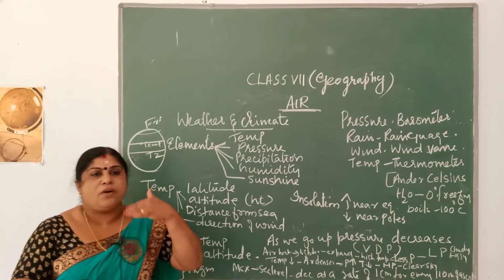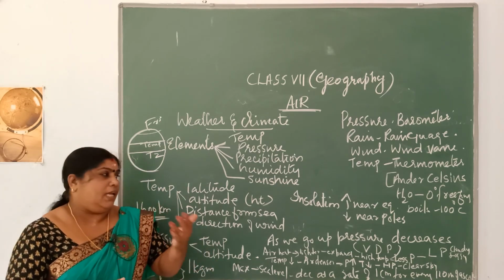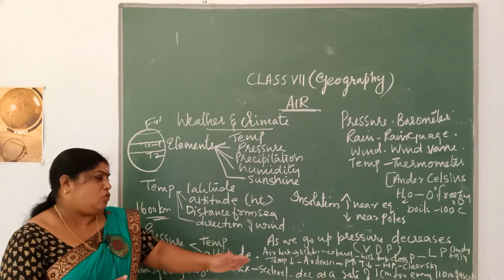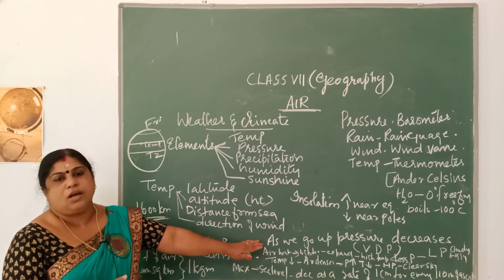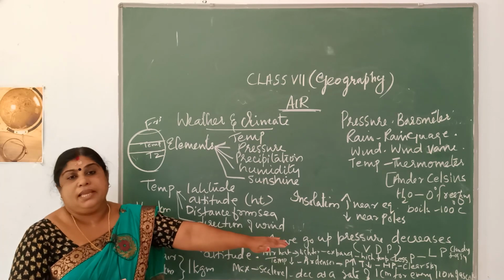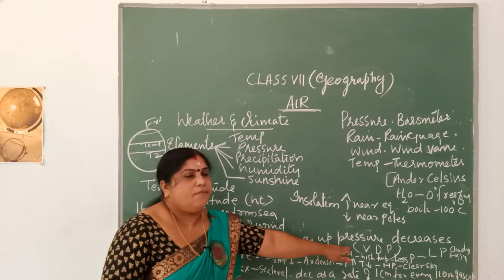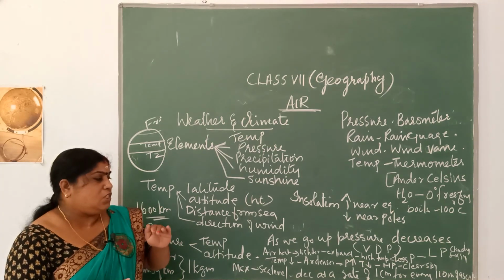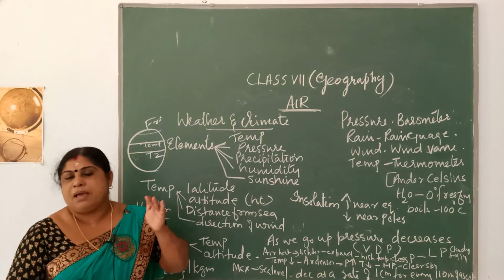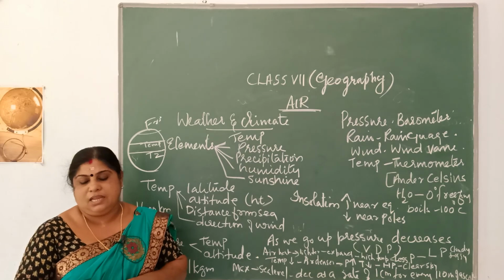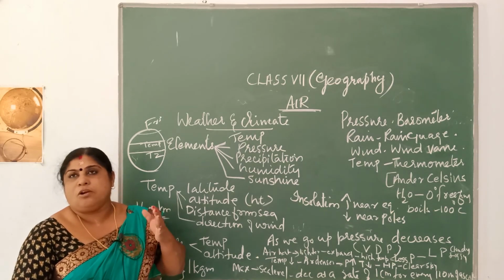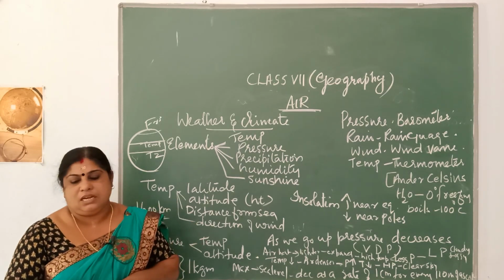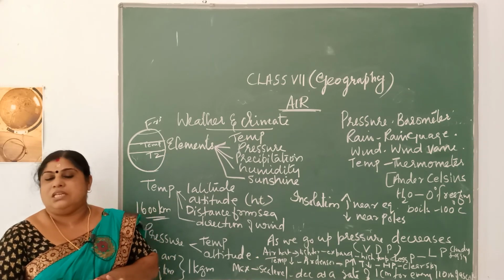Now, as we move higher up, the pressure goes on decreasing. You have to learn it. As you go higher up, the pressure goes on decreasing, and you call it vertical distribution of pressure. And this pressure is maximum at the sea level. Normally the pressure of air at sea level is 76 centimeter.